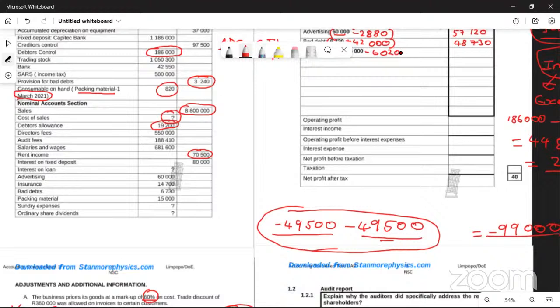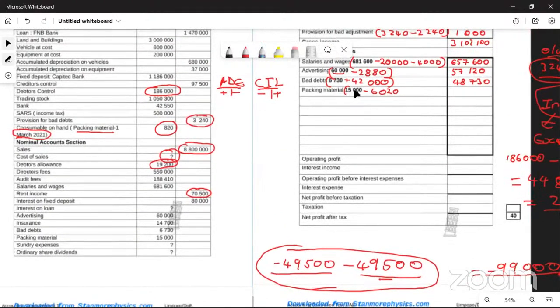On top of that, 15,000 was purchased during the year. There's the already existing consumable stores, which was 820. So that will give us how much? 9,800. Okay, we are done with consumable stores, your packing material.